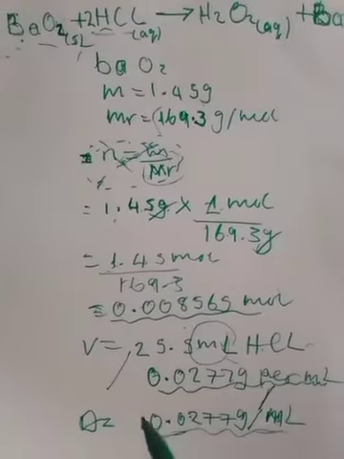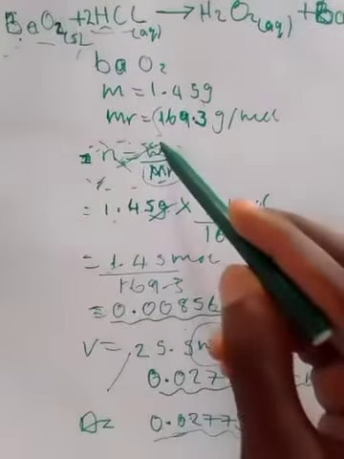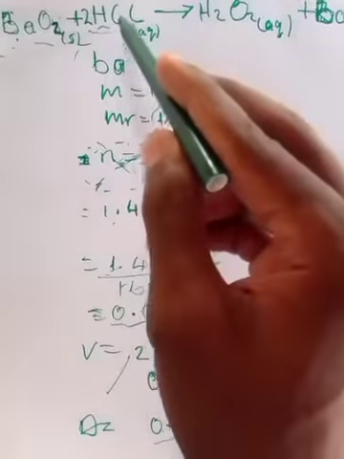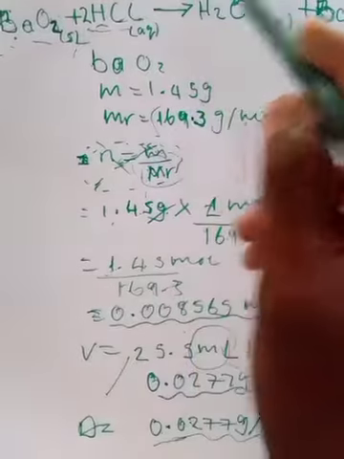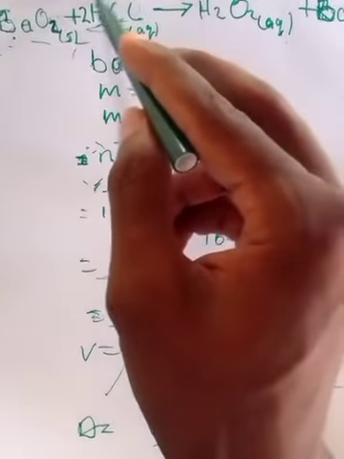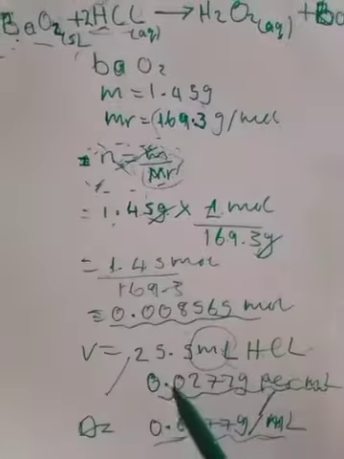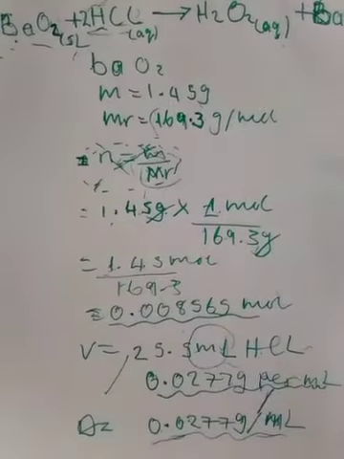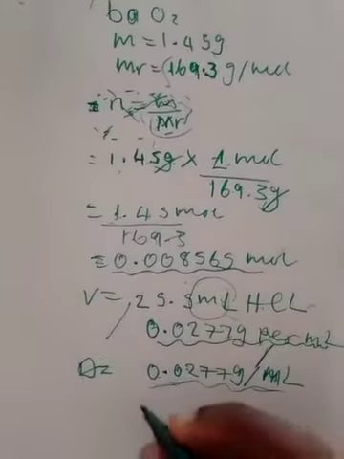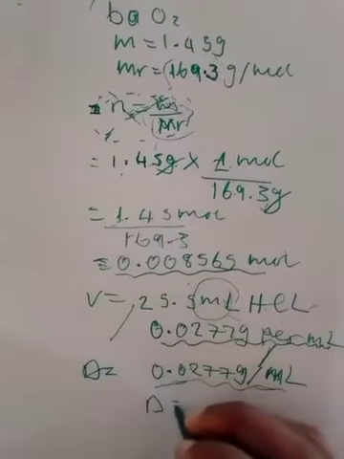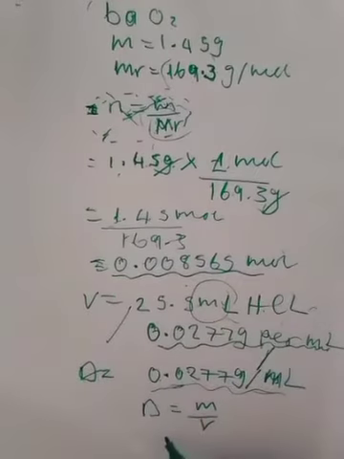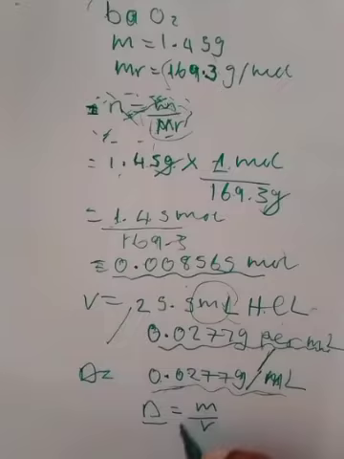The molar mass of hydrochloric acid, you can easily find it. Now what we need to know is the number of moles. So we can easily first find the mass using the formula for density, which is density equal to mass over volume. Then you make mass the subject of the formula, meaning mass is equal to density times the volume.